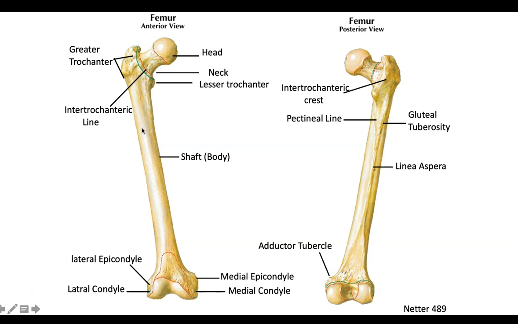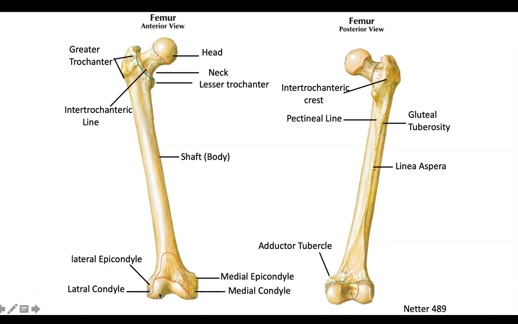The shaft of the femur is smooth anteriorly, medially and laterally, but on the posterior aspect of the shaft there is a longitudinal bony ridge or line which we call the linea aspera. The linea aspera diverges medially and laterally toward the distal end of the femur.